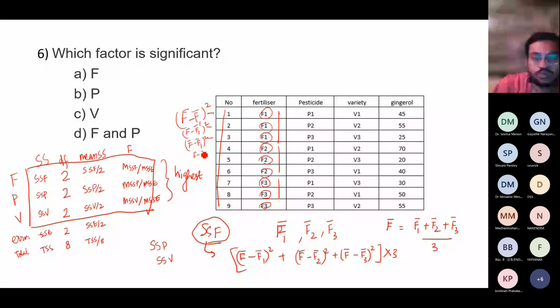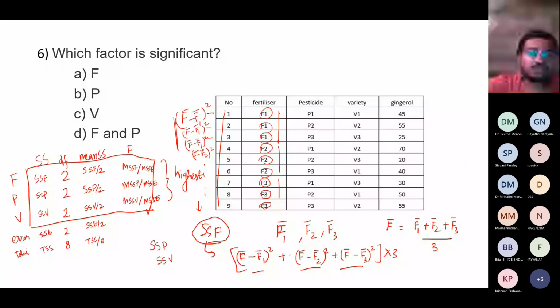So these terms are repeated 3 times. This term is also repeated 3 times, and this is also repeated 3 times. So instead of just adding it up 9 times, we are just adding these 3 and then multiplying it by 3. Is that clear? Yes. Yeah. So now we do all the calculations.